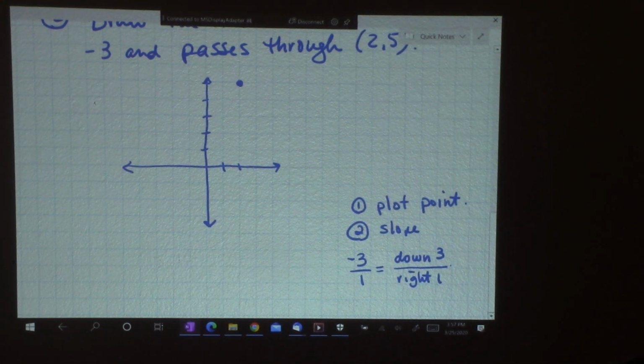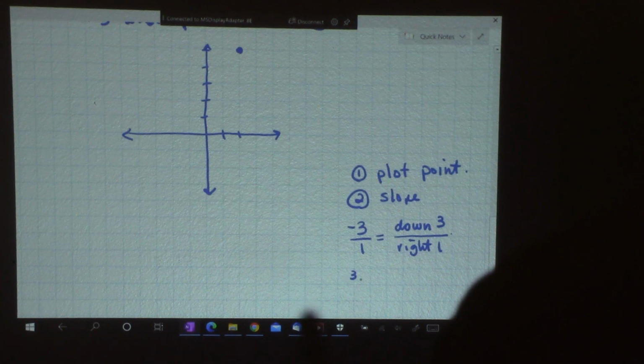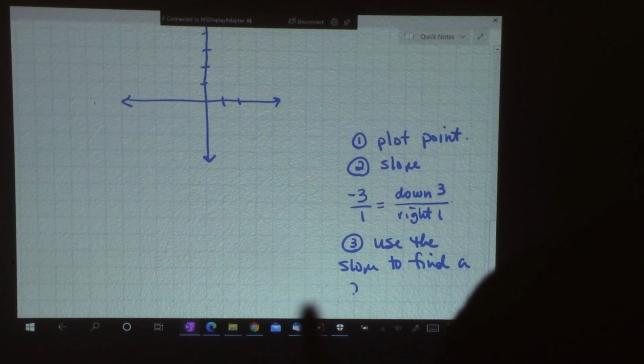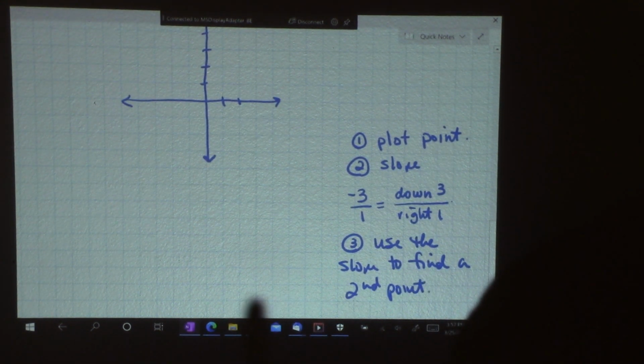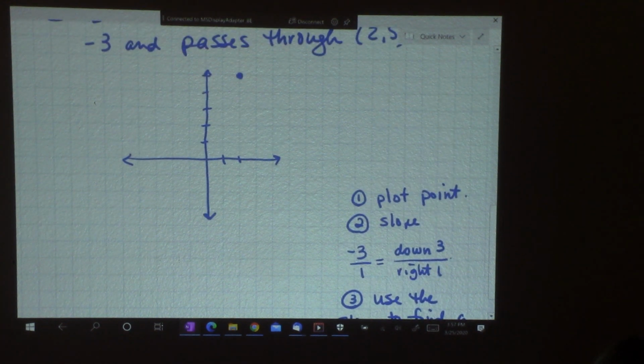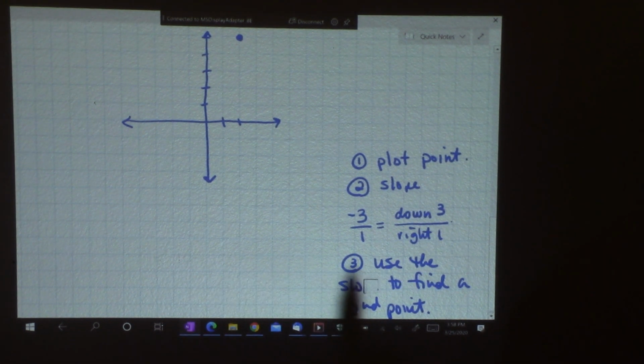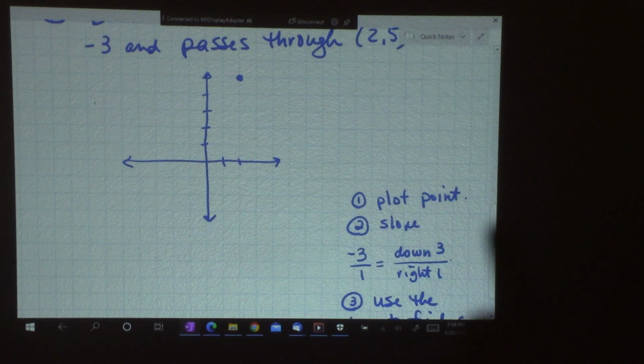So knowing that, I use the slope to find a second point because I need 2 points to make a line. Sorry, I'll move that up. Use the slope to find a second point. Okay, so I'm going to start here and I'm going to go down 3. 1, 2, 3.